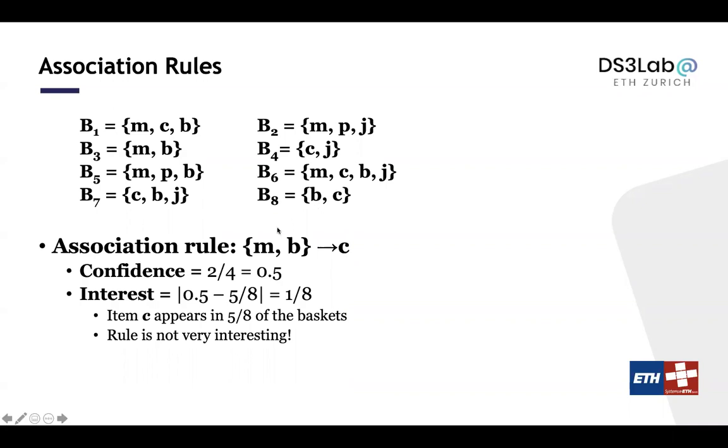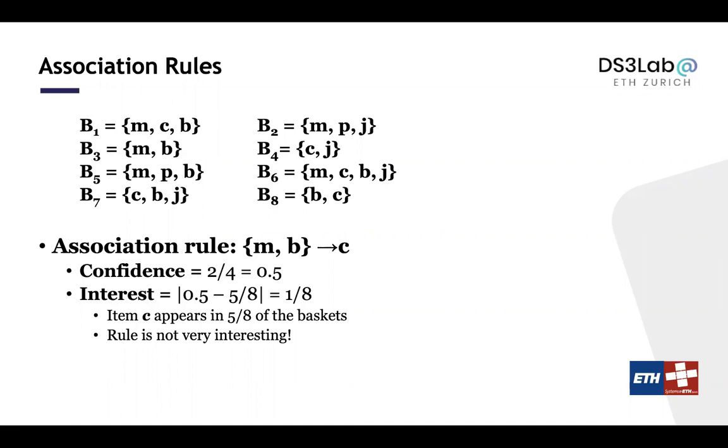You calculate the support of M, B, and C. You count how many transactions in your database contain M, B, and C. In this case, you have B1 and B6. And then you count how many transactions contain only the left-hand side. In this case, you have B1, B5, B3, and B6. So the confidence of this rule is 2 over 4, which is 0.5.